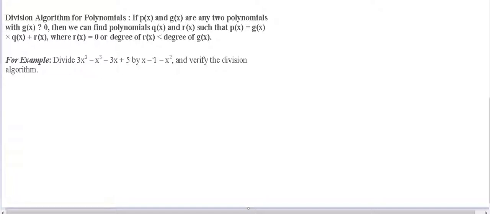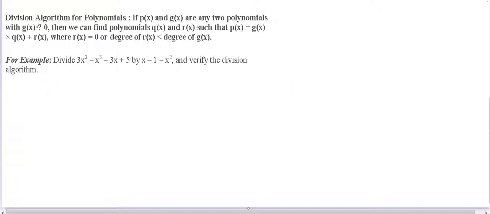This is your polynomial. The polynomial will divide here, and then we'll just verify whether the division is true or not by using the division algorithm. So division algorithm is basically used to check your division, whether it's correct or not. It's just a verification, okay?